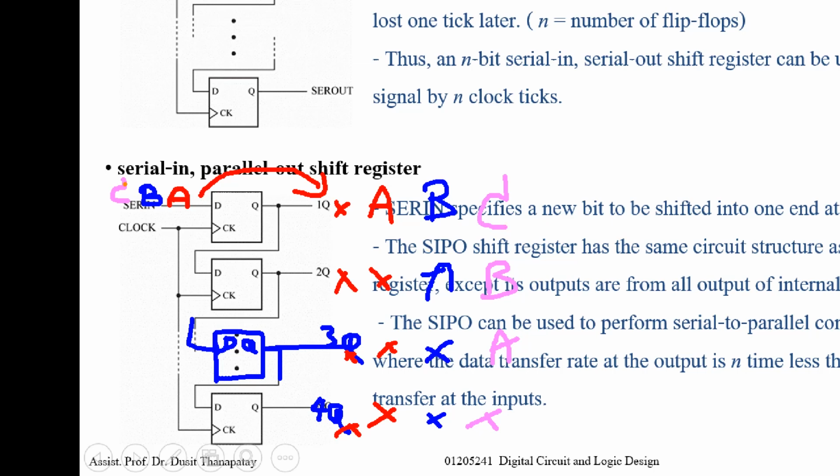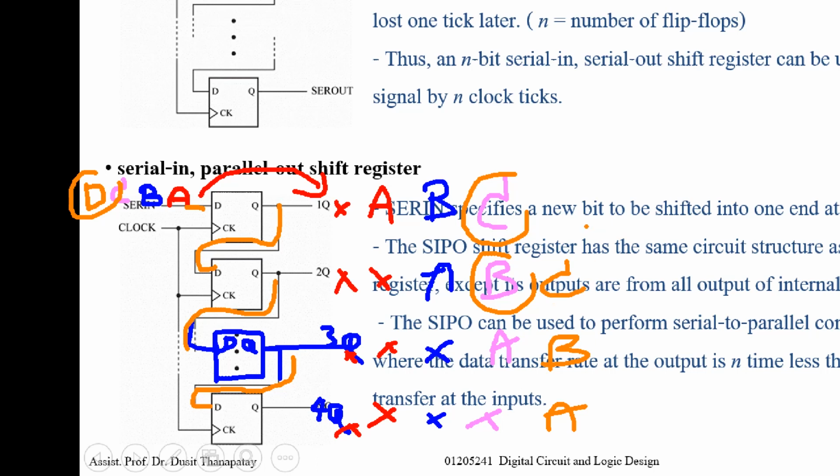And for the next clock tick, the input is D. So what happened? Again, this one reads data from A, right? And this one reads from B, this one from C, and this one from D. So when the clock ticks, the new values are A here, then B, C, and D. Okay.